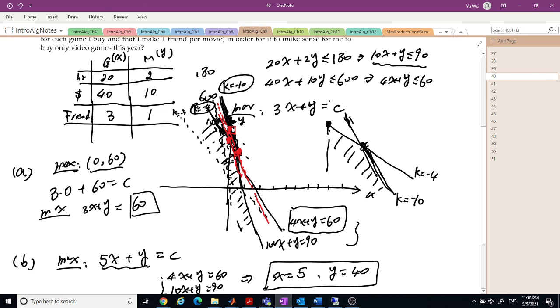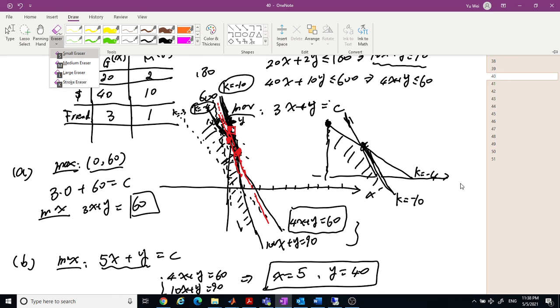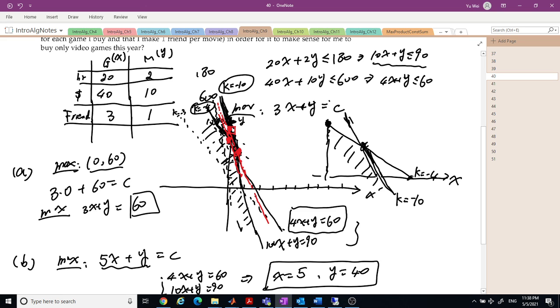So we want the maximizing point to be on the x axis as much as possible. So what is the largest x point? That's here. So you can see we want our maximum point to happen at x.